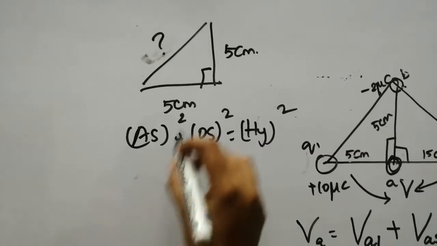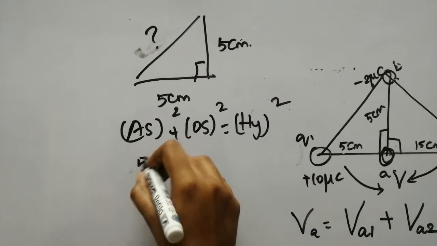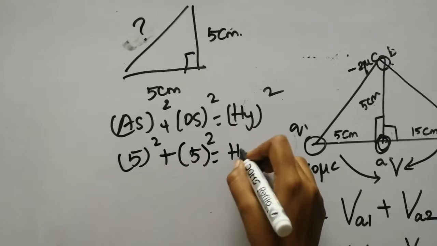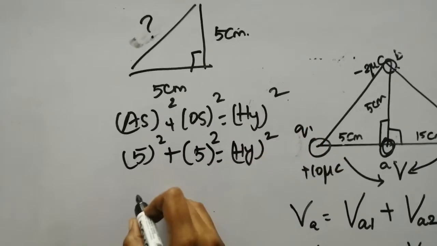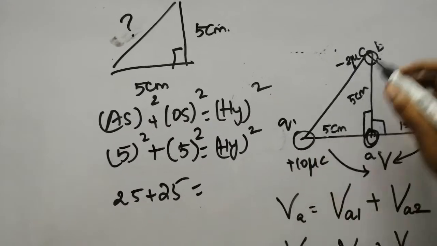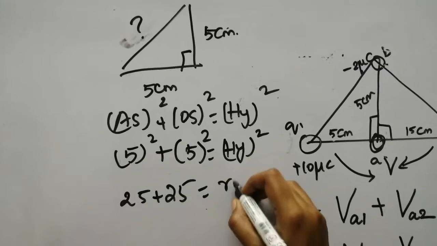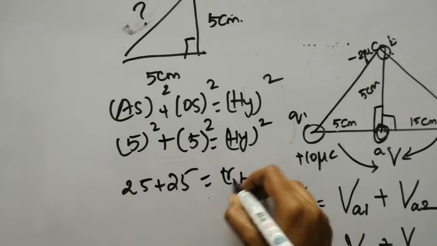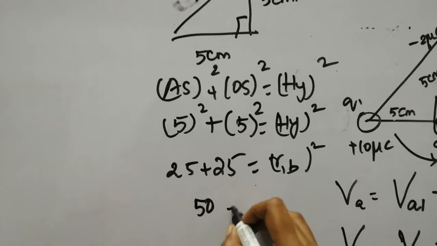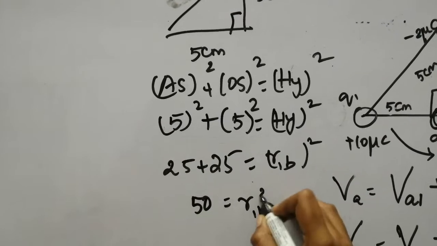So it is 5 square plus 5 square, which is equal to hypotenuse square. So 25 plus 25 is equal to R1B square, the distance between 1 and B. So it is 50 is equal to R1B square.